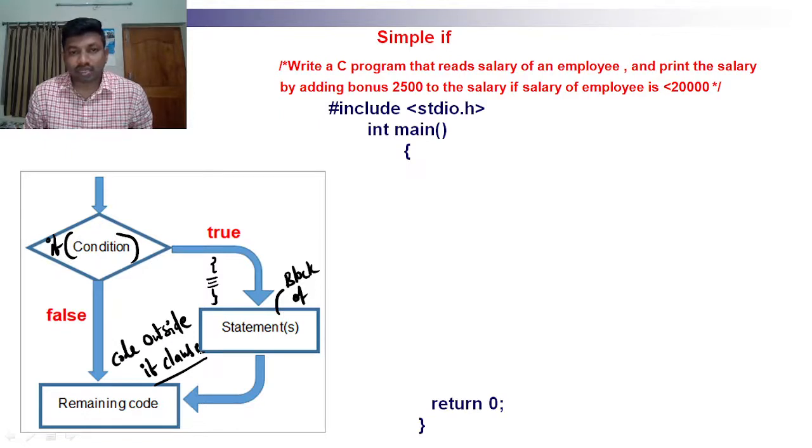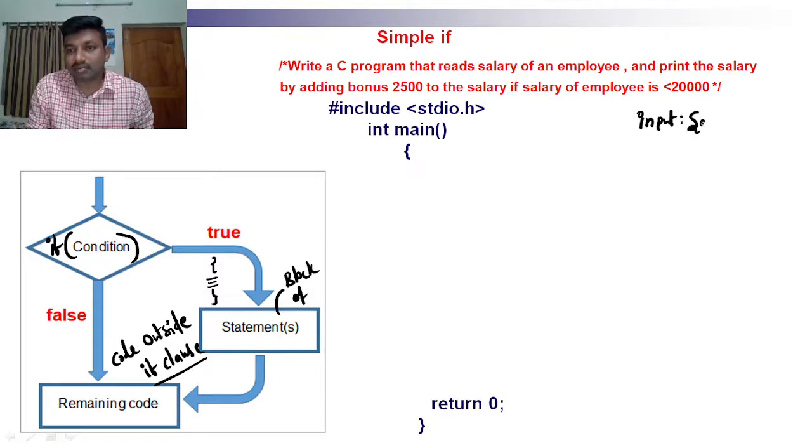In the previous tutorial, I talked about the simple if with a couple of examples, but I would like to revisit the same concept before I discuss if else, nested if else, and else if ladder. So let us see. The program says to read the employee salary from the keyboard, and if the salary is less than 20,000, we have to add a bonus to the salary. What is the input?